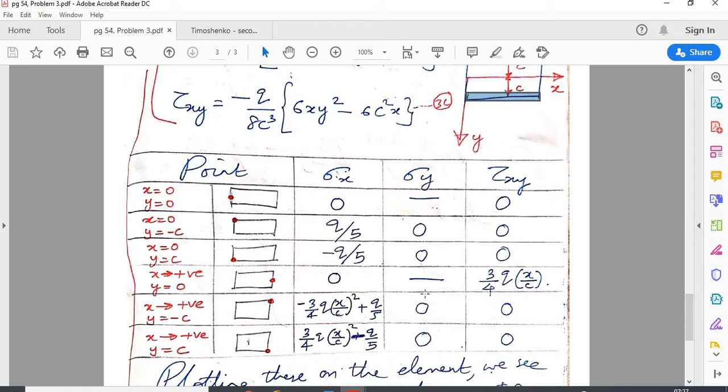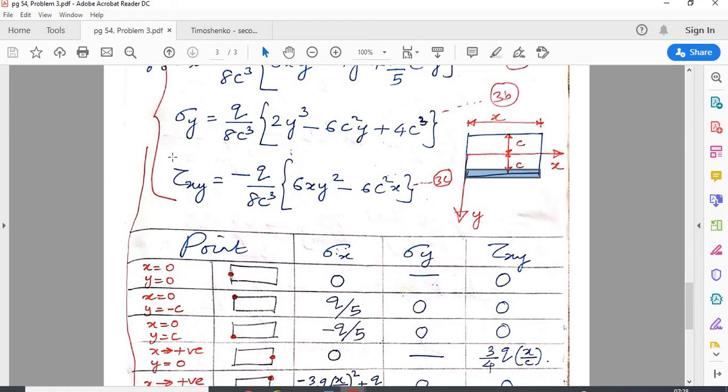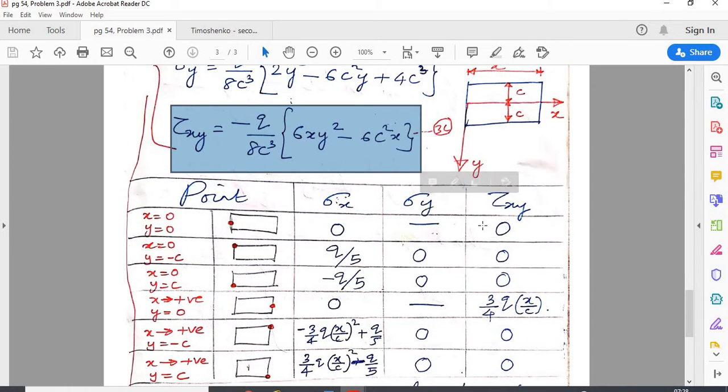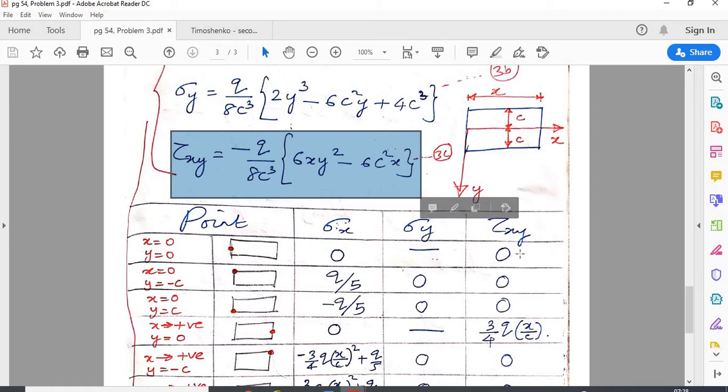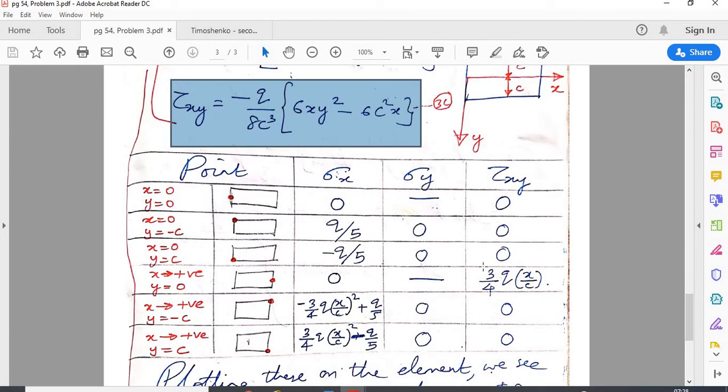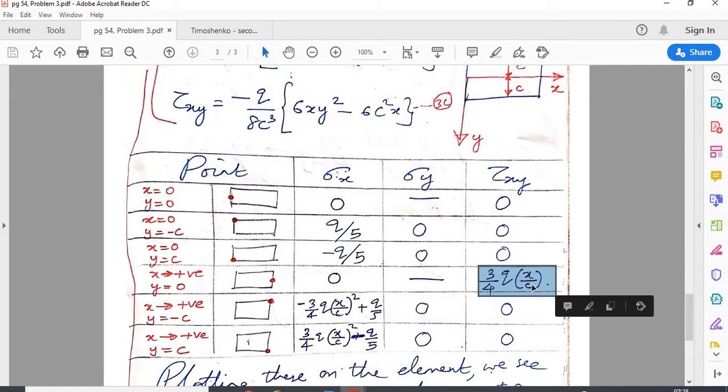There is no normal stress along the y direction. And tau xy is also simple. In the case of tau xy, this is the expression, right? On the first face there is no shear stress, but as x increases along the positive direction, you start getting shear stress, and it has a parabolic variation with maximum at the center, 3 by 4 q into x by c.